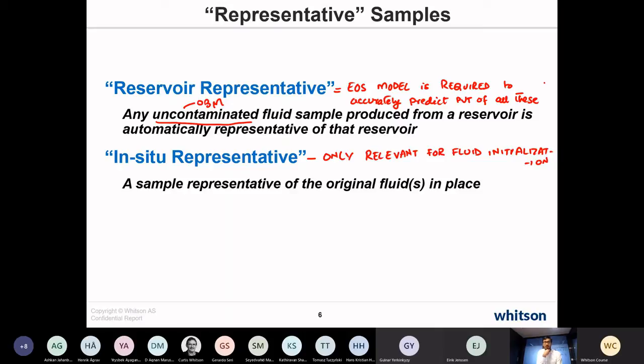But if you have collected samples and you have only contaminated samples, then there is no other option but to measure the PVT data on those samples and then use your equation of state model to tune that PVT data and then just do the predictions of the uncontaminated samples PVT data, knowing the sample composition.